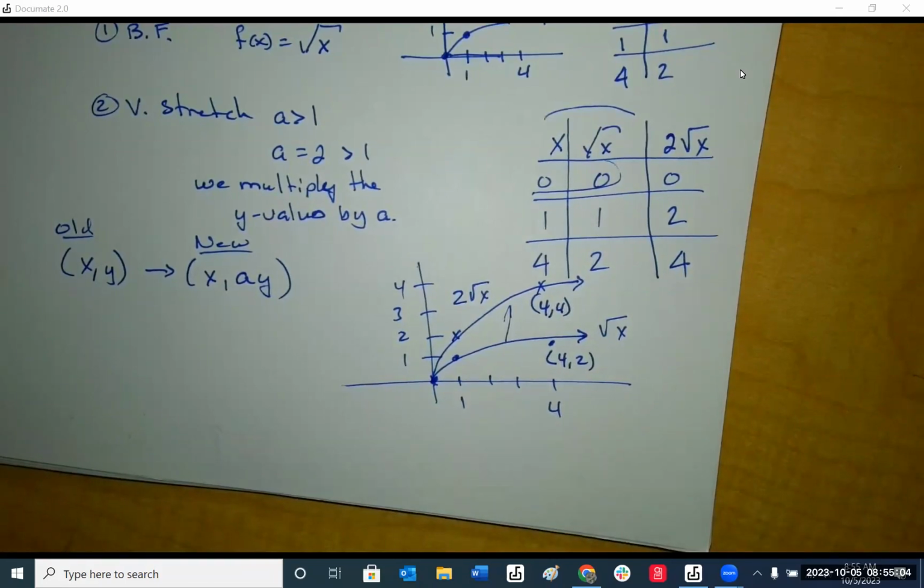So if it's outside the function, it affects it vertically. If it's an integer bigger than 1, it's a vertical stretch.